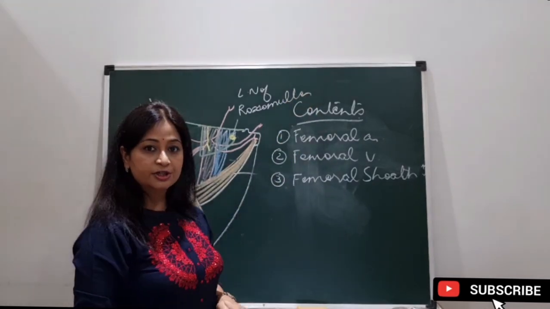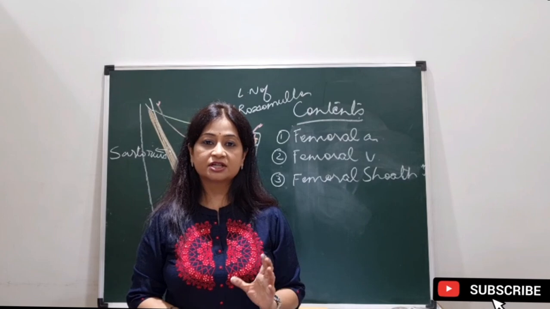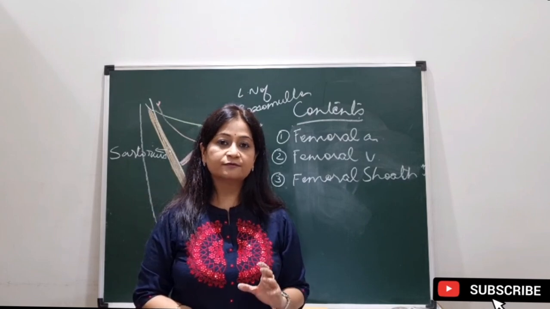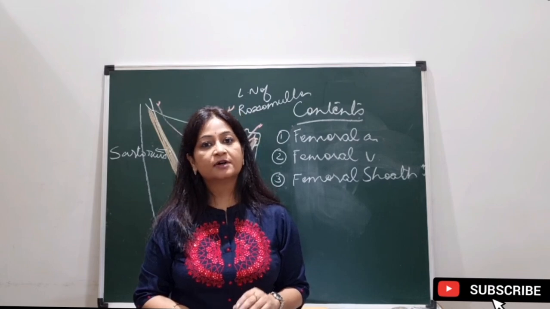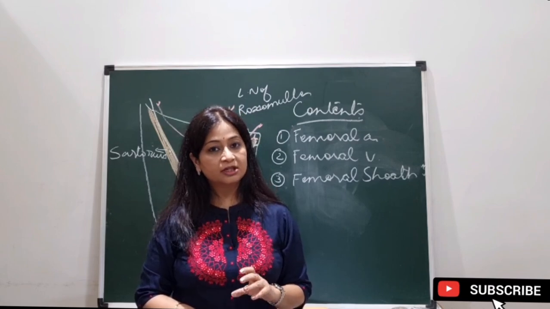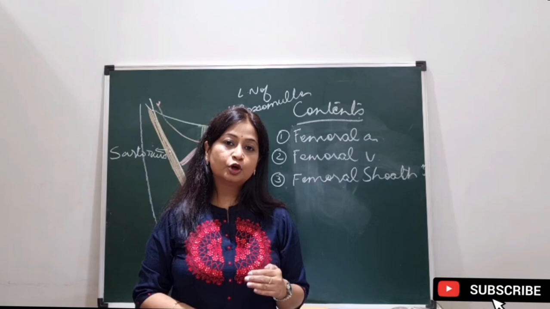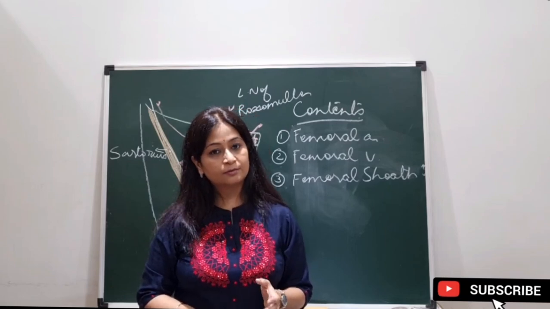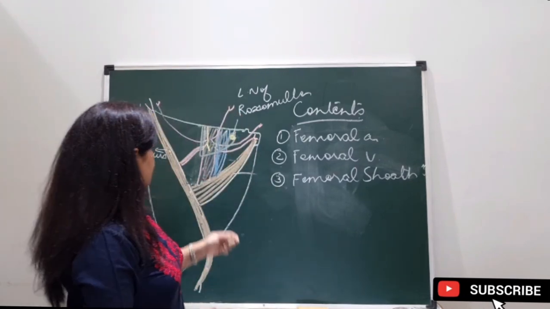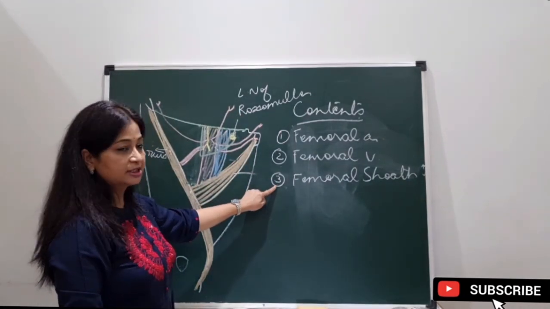Now it is important to know that this medial most compartment is known as the femoral canal, and it is an important site of something which is known as femoral hernia, where the abdominal contents may herniate into the femoral region from this space. Okay. Now this was the third content.